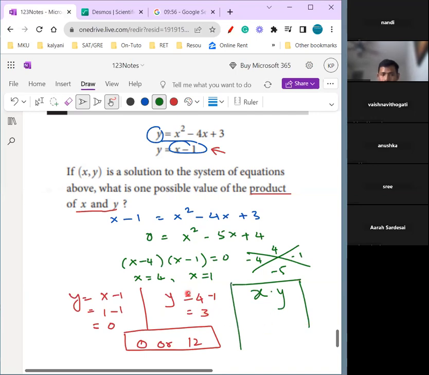If my x is 4 and y equals 3, the product is 12. You can do x equals 1 too. Which one should I take? Doesn't matter, you can take either. So it could be 0 or 12. Even if you put a 0, your answer is still right. Good questions, guys. I like that.